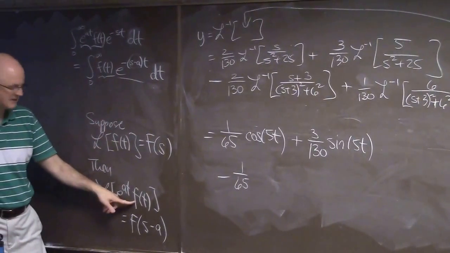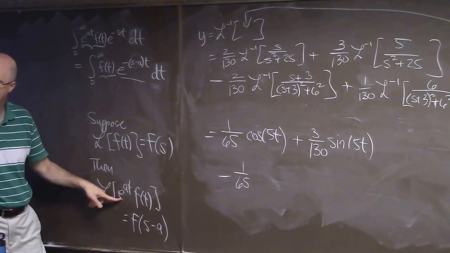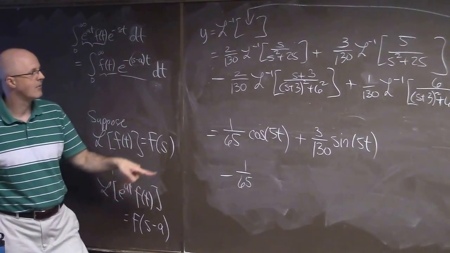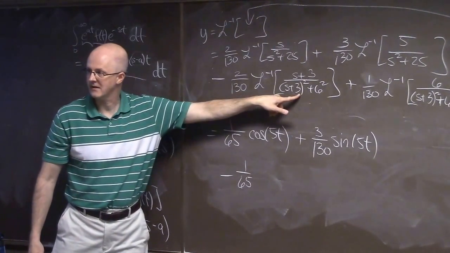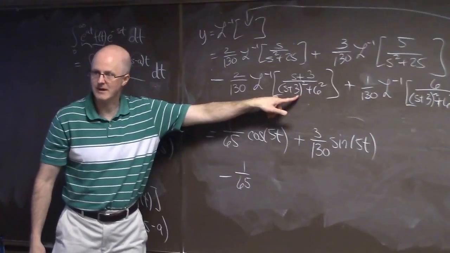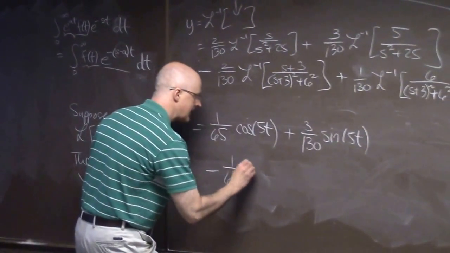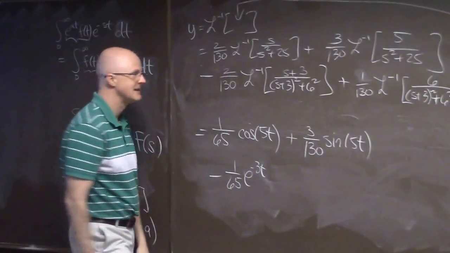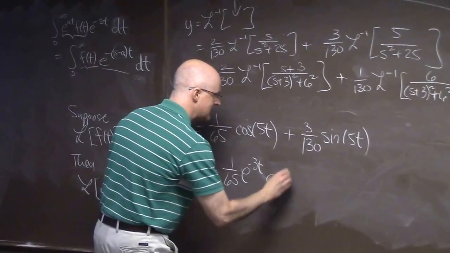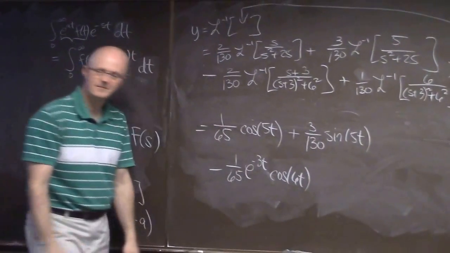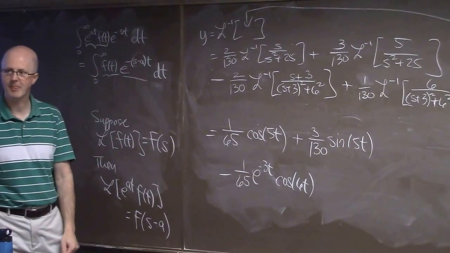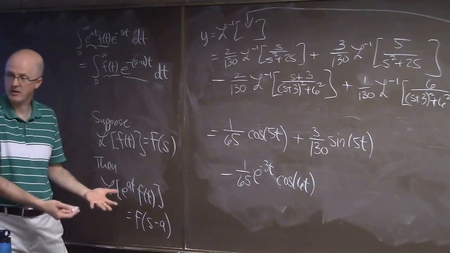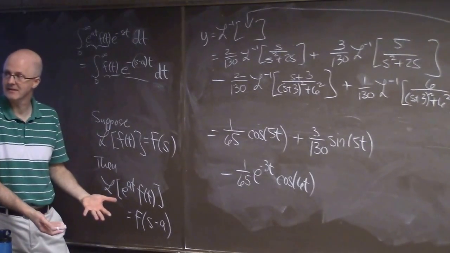That's going to be like the f of t, but I need an extra factor of e to the at in front of it, where a is negative 3. S plus 3 is s minus negative 3. So e to the negative 3t cosine 6t, an exponential decay. That's part of the yh with the other method.